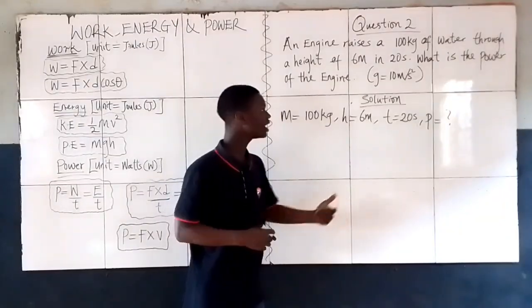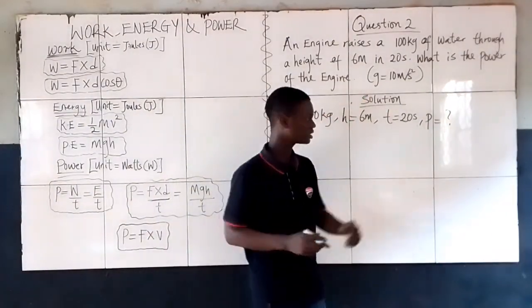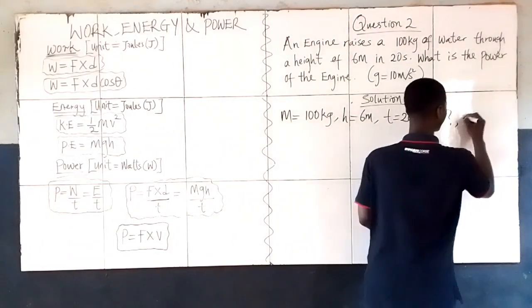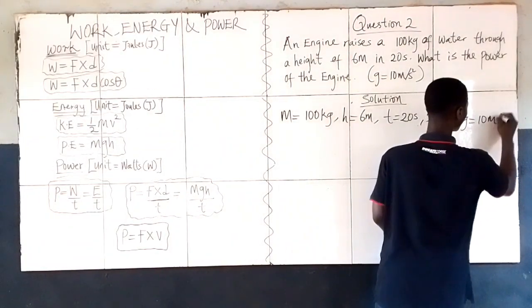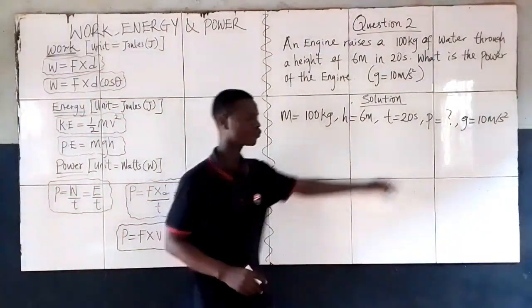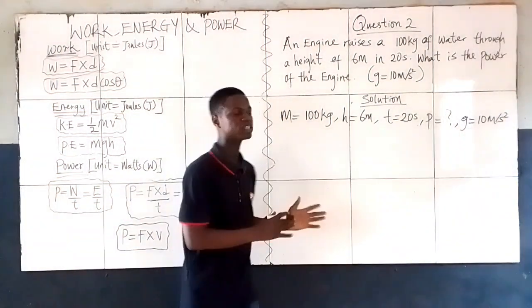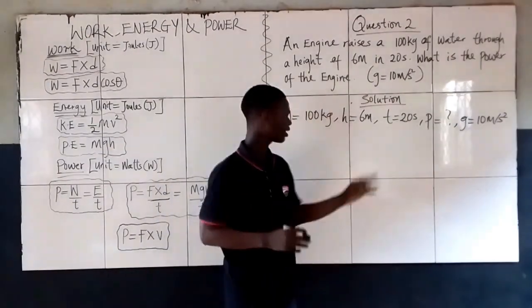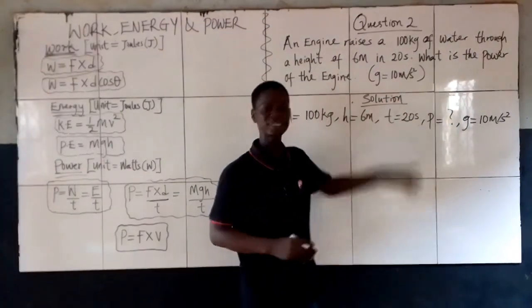Gravity g is 10 meters per second squared. That's what they gave us. So we are asked to look for what? Power. Now in this question, observe, we are given mass, height, gravity, and time.